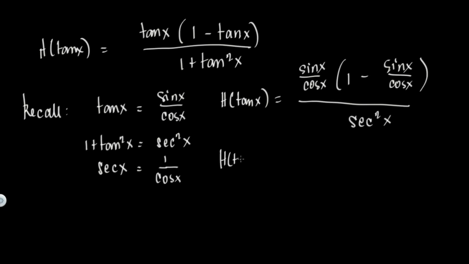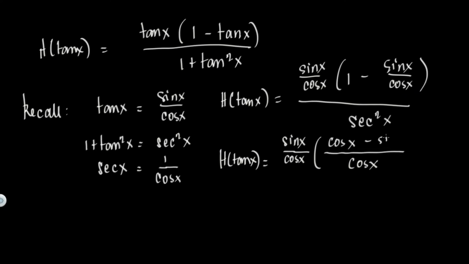Then h of tangent x is equal to sine x over cosine x times, get the LCD, this common denominator, it's cosine x divided by 1, cosine x times 1, and that is cosine x. Cosine x over cosine x is 1.